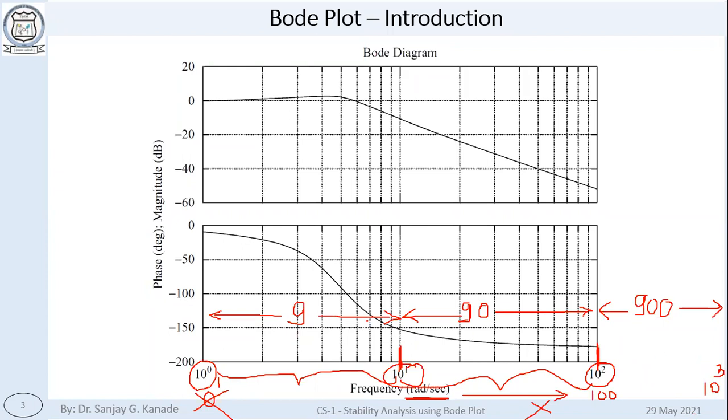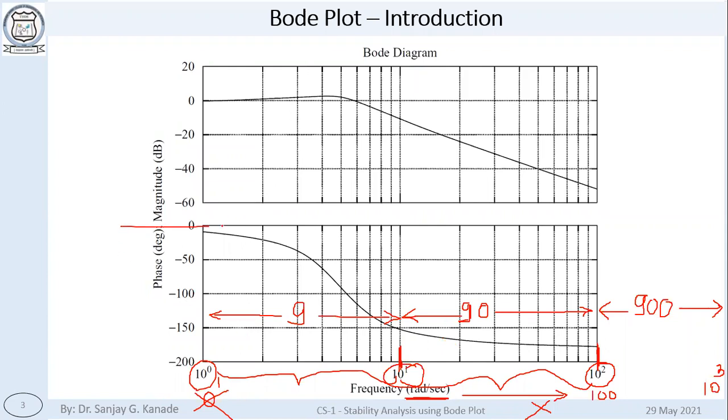The lower frequency range is getting expanded on logarithmic scale, so that we can observe them properly. So this is the advantage of using Bode diagram. And ultimately what happens is our full range of frequencies get expanded a lot. On a small graph paper, we can plot a large frequency range. Okay.